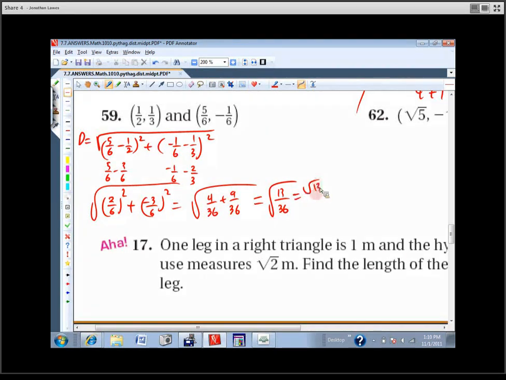That's right. The denominator is a perfect square. We can find the square root of that. So this is going to be radical 13 over radical 36, which is radical 13 over 6, and that right there is the answer. That's the distance. So even though it started off really ugly, once you get a common denominator, everything, including finding the actual square root, is pretty easy.